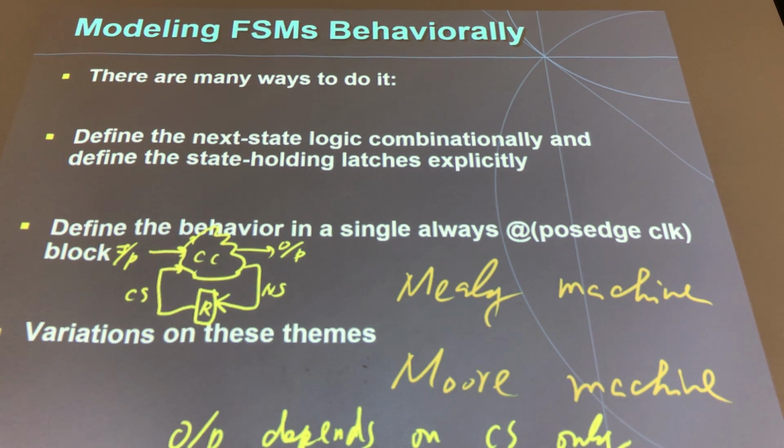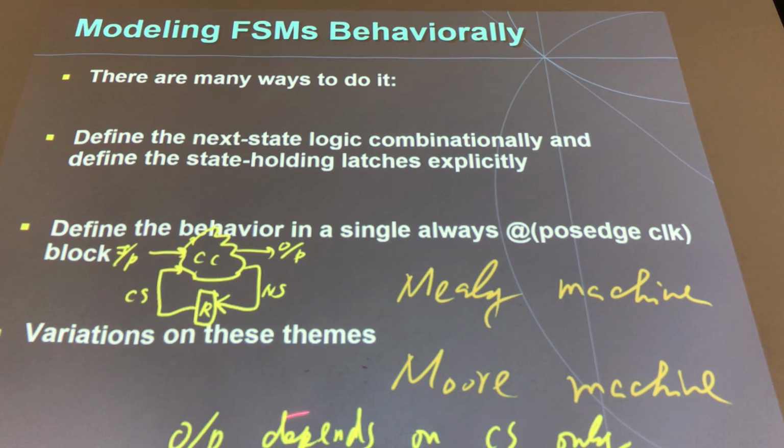The only difference is that in Moore machine, the output depends on current state only. The current state can determine solely your output. Meaning this output can be determined by CS. It doesn't have to look at input.